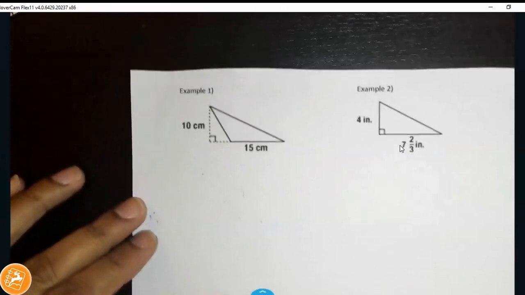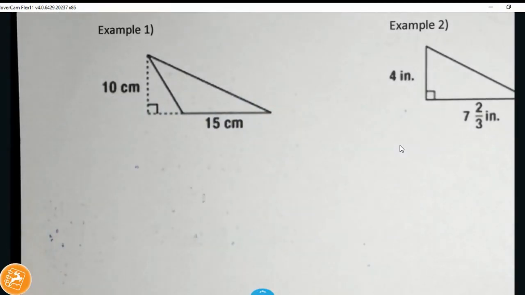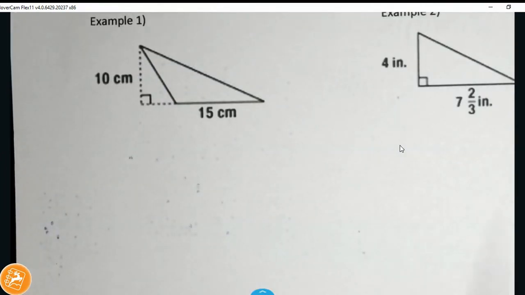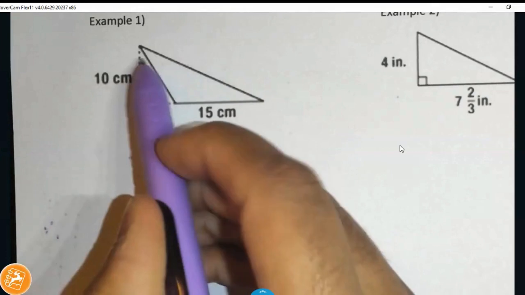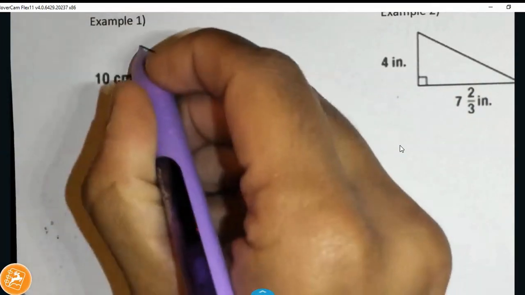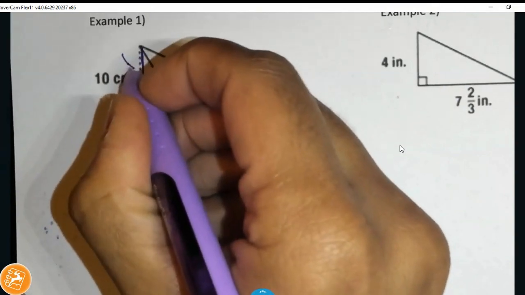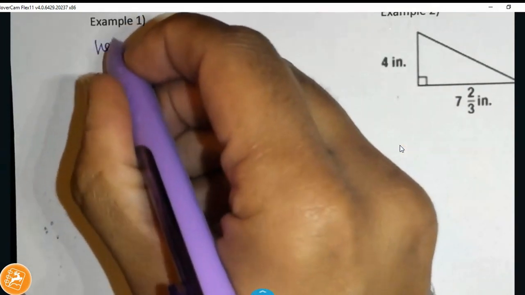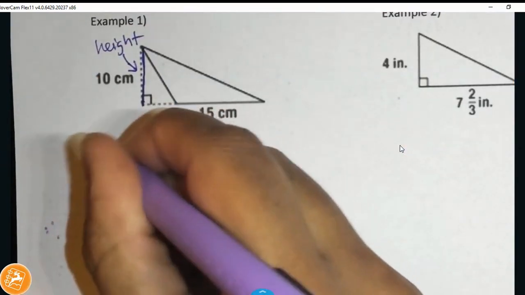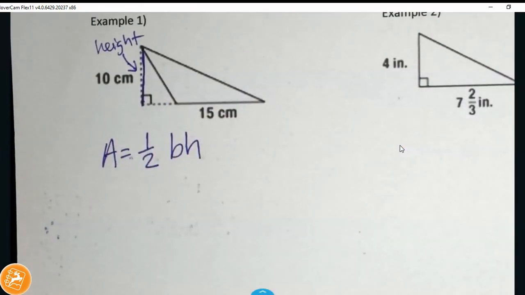So let's look at the first example here. If you look at this triangle, it looks a little bit different, right? I have the height on the outside, but that's totally fine. The height is on the outside because there's no straight line to go from one corner to the base. So if you ever see a triangle like this, this right here is considered my height. If I go with my new formula, area is 1/2 base times height.